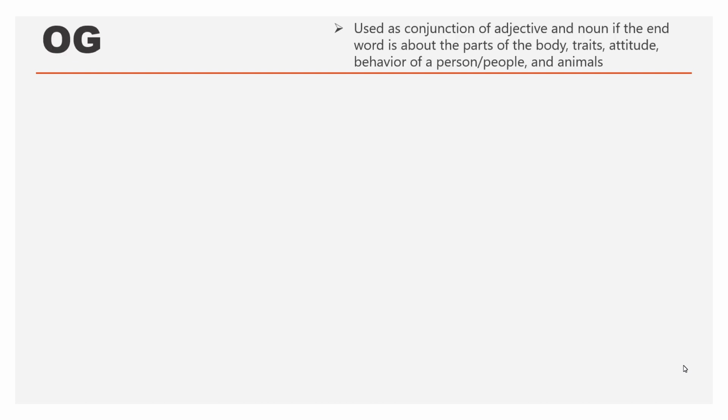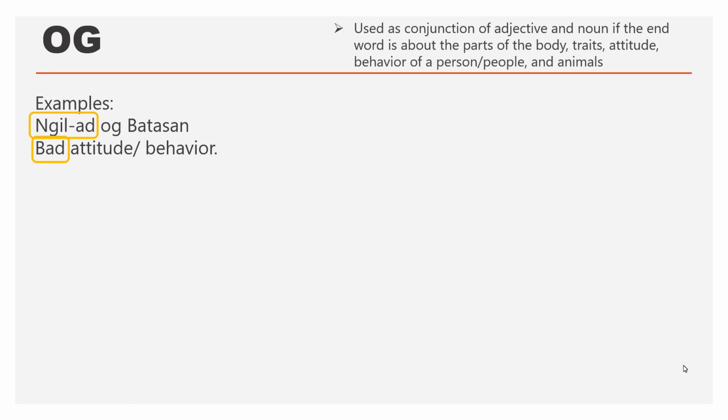Now let's go to og used as a conjunction. As always, I'm going to give you some examples for easy reference. The first example is ngilad og batasan. Ngilad is actually bad. Sometimes some locals use bate. Bate or ngilad, those are the same.